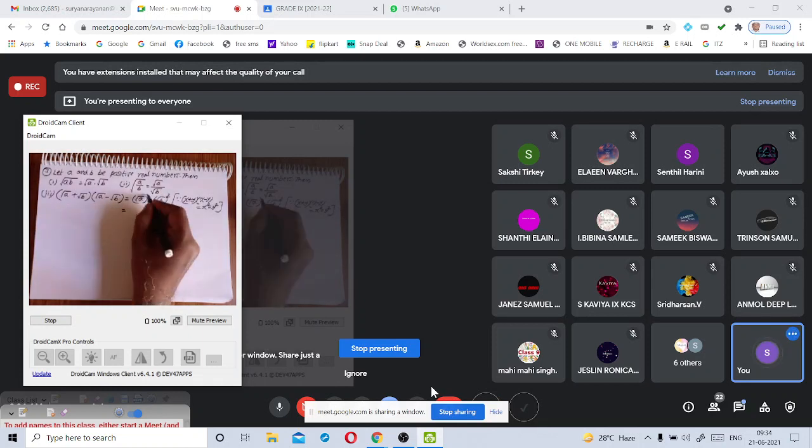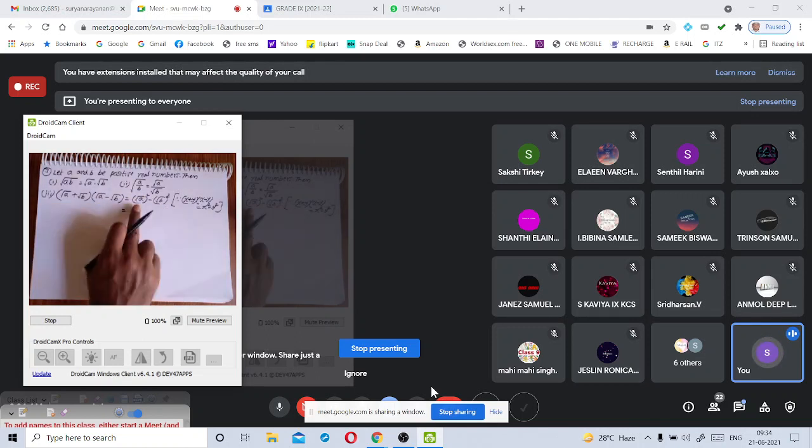Then we can strike out square and square root. If you strike out square root and square, what will you get here in the first term? Yeah, very good, a. Minus.